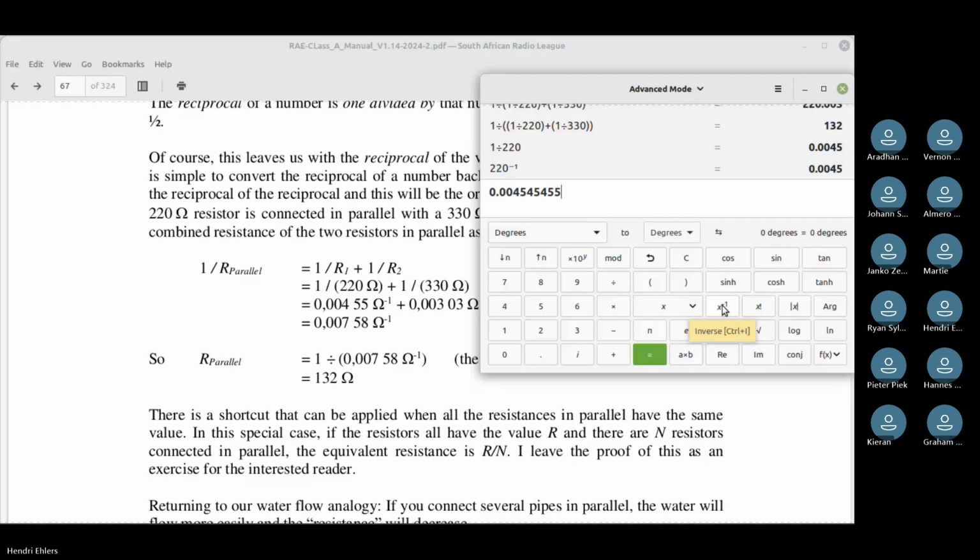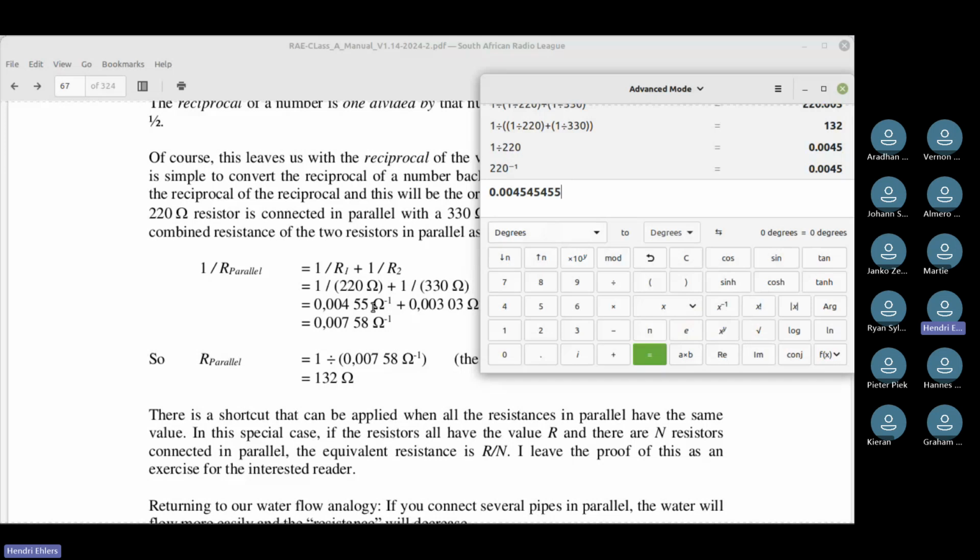Now, in my case, with these calculations, I actually prefer the Sharp because on the Sharp, it's the first function. Right. So just for interest's sake.